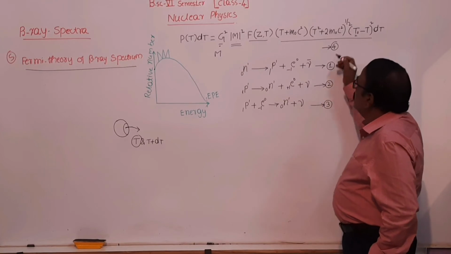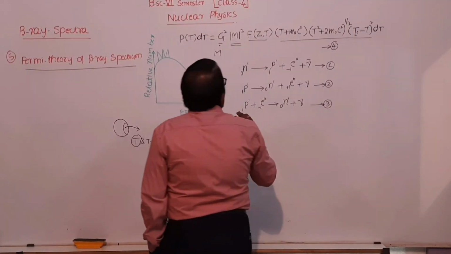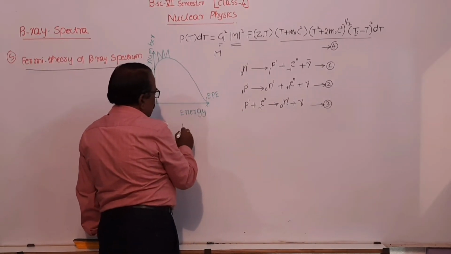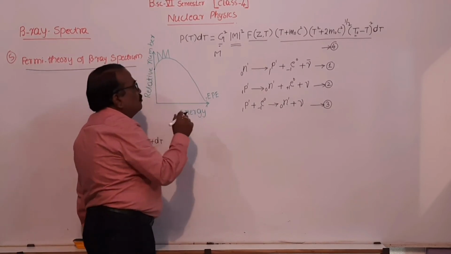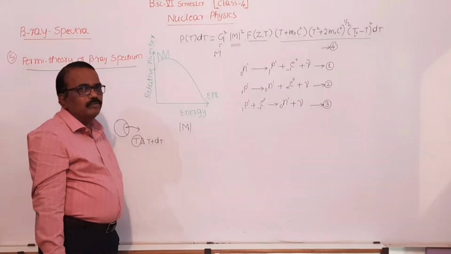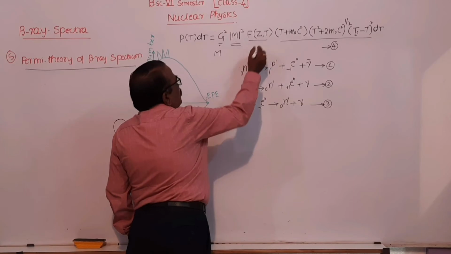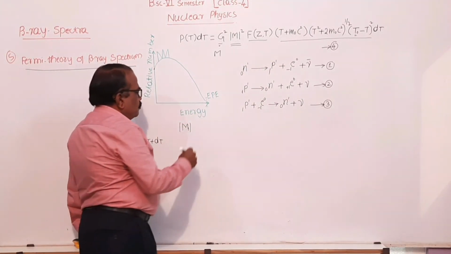Now to discuss this equation 4, assume that M is independent of energy distribution. Then F(Z, T) can be taken as 1.